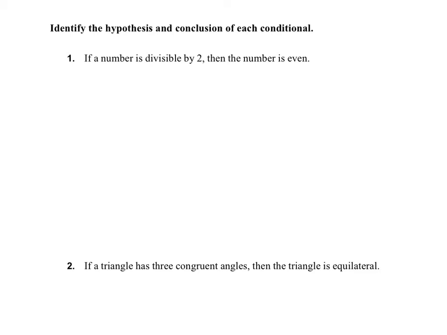See this part here, so let me point here. I'm going to mark the hypothesis in blue, and in purple, I'm going to mark the conclusion. So purple and blue. My hypothesis is that part that is after the if.